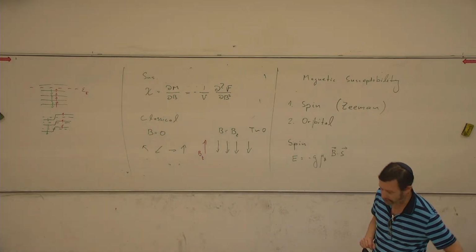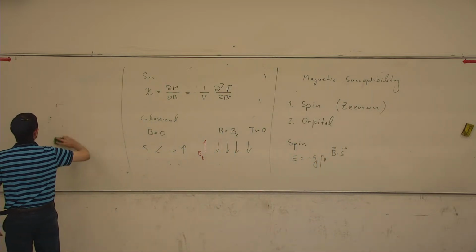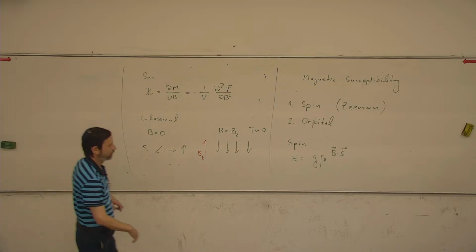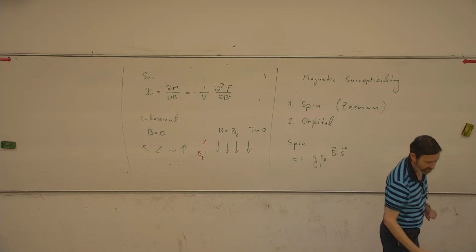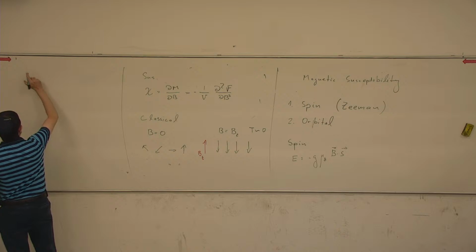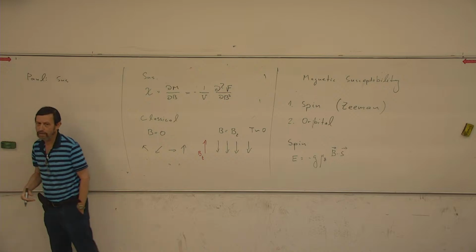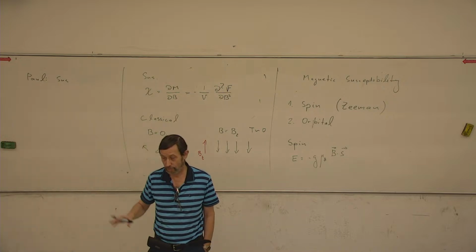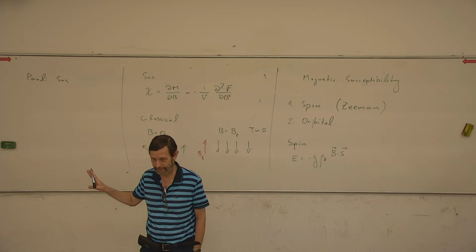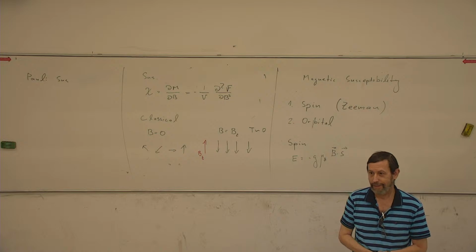Okay, so Pauli susceptibility, which is exactly this picture, but at the limit of large systems.